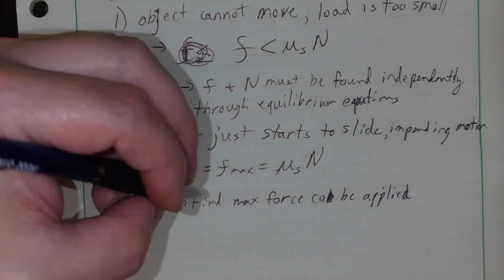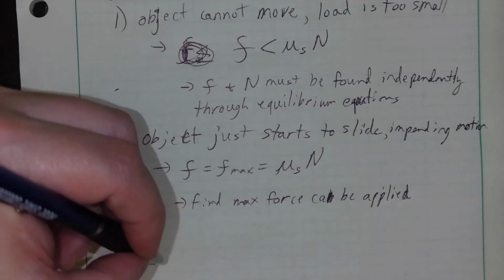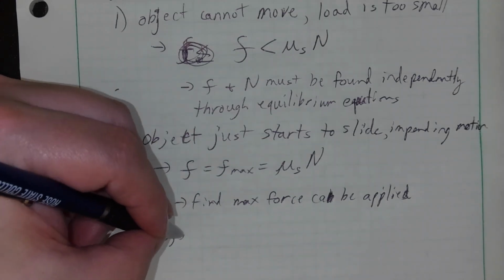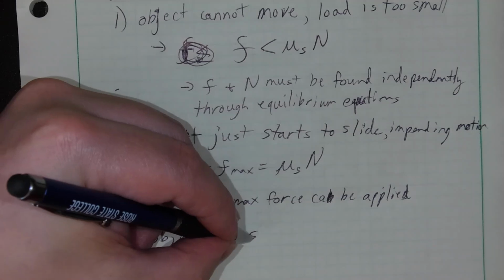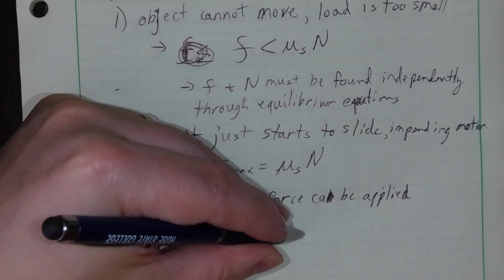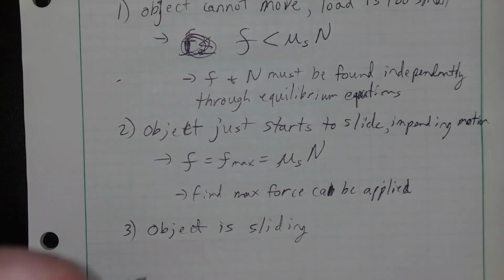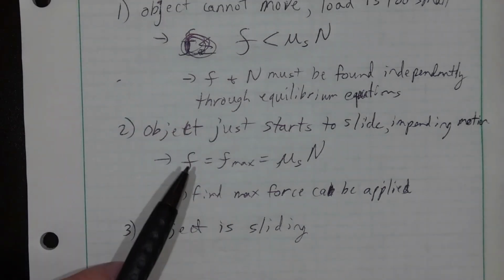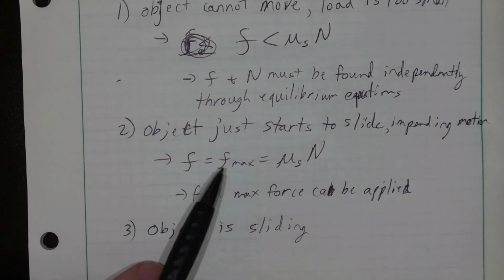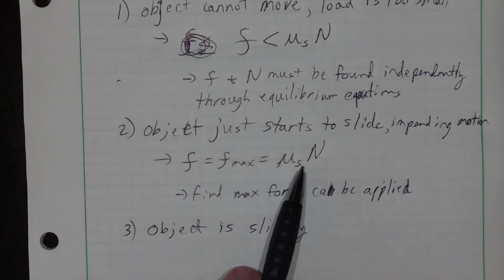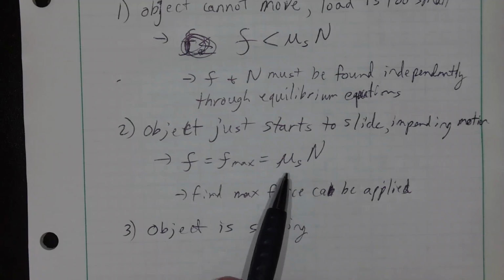Three. The object is sliding. If they've made it very clear the object is sliding, or somehow you've determined that your friction exceeds this amount in order to stay static, well, that means it's no longer static. Now it's moving.